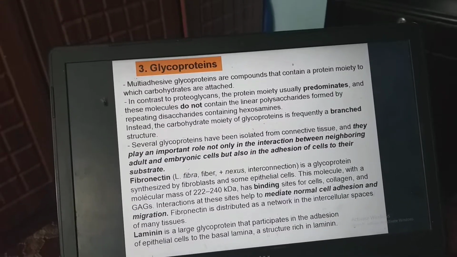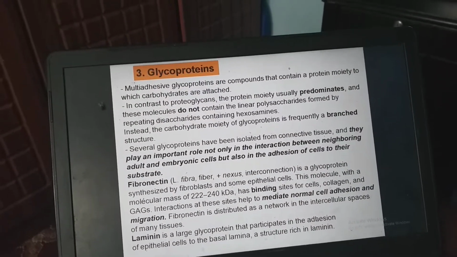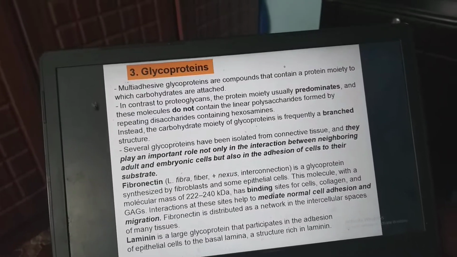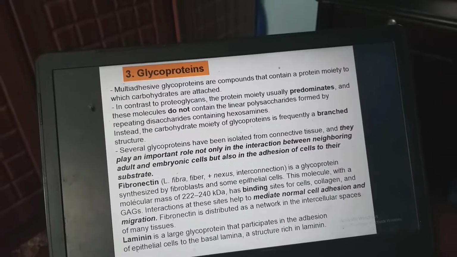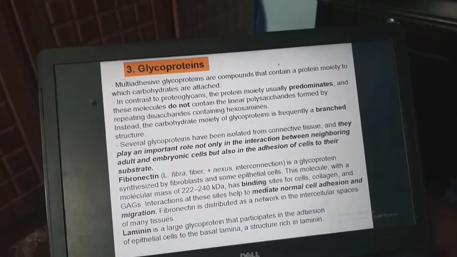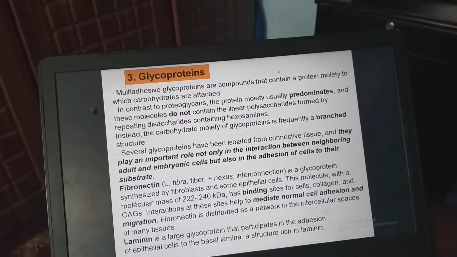We have said it is a multi-adhesive glycoprotein in which the protein predominates, and these molecules do not contain linear polysaccharides. They contain branched and globular ones.